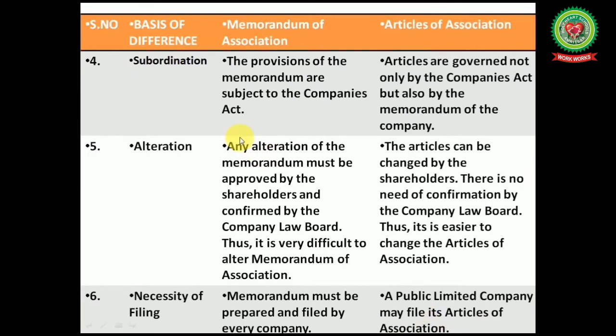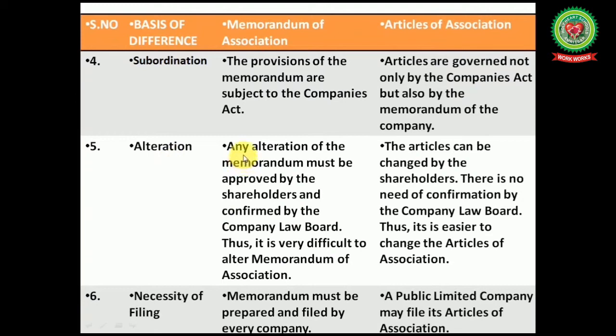Next is subordination. The provisions of the memorandum are subject to the Companies Act, but the articles are governed not only by the Companies Act but also by the memorandum of the company. Next is alteration.